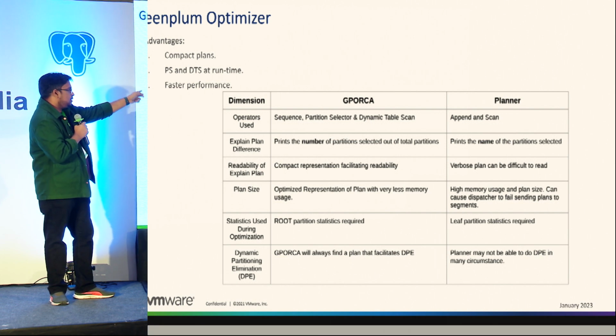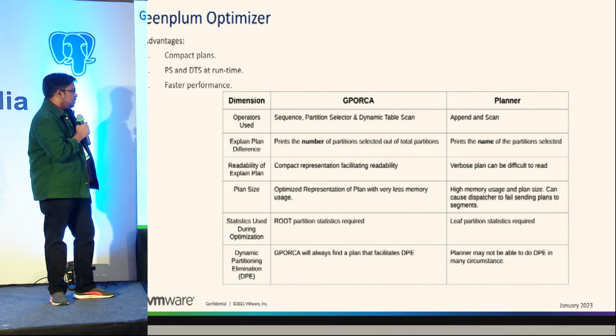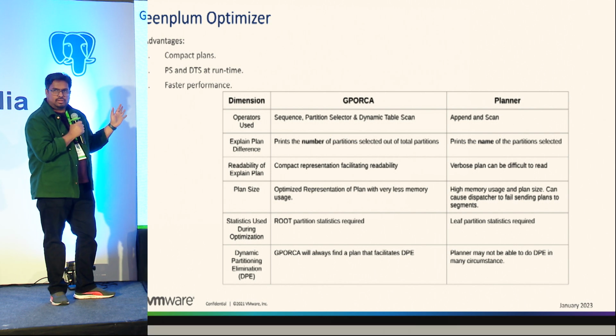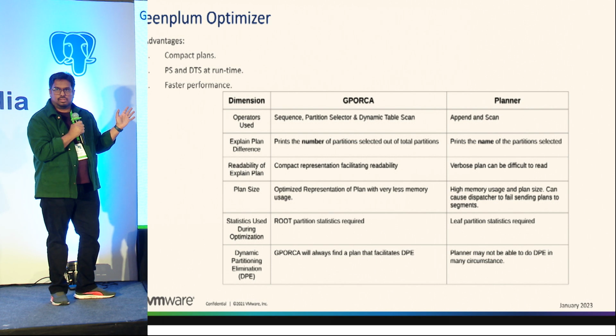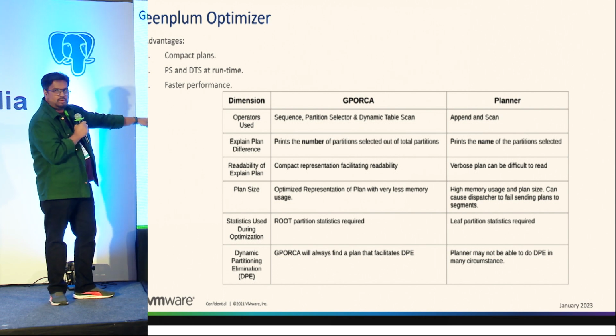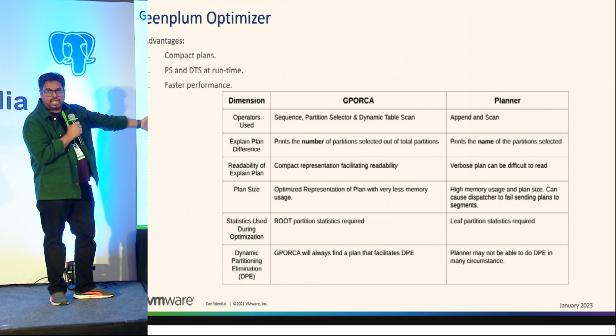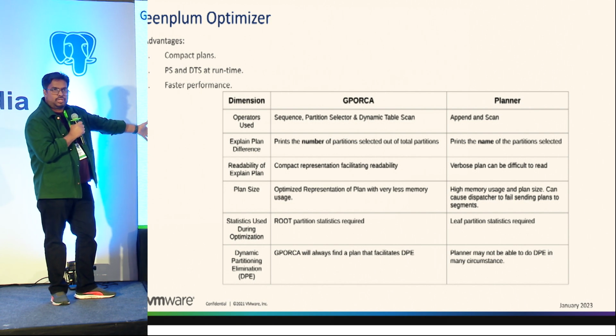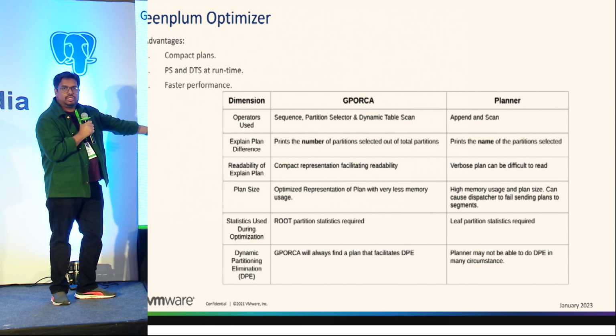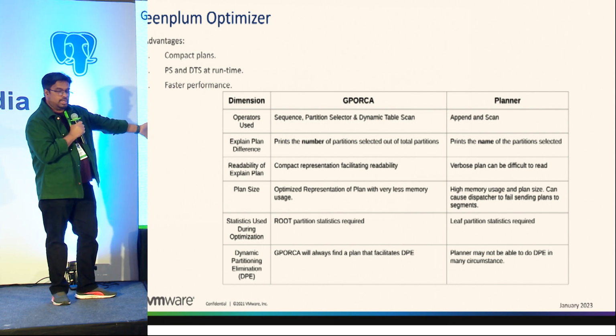Orca uses all of these 3 operators. It enhances readability on complex plans. For example, if you have partitions that are joined multiple times, or many partitioned tables joined together, it's more readable. Less memory usage because of the plan size. You don't need to tune max plan size in this case. Otherwise, there might be a situation where you might run out of memory.